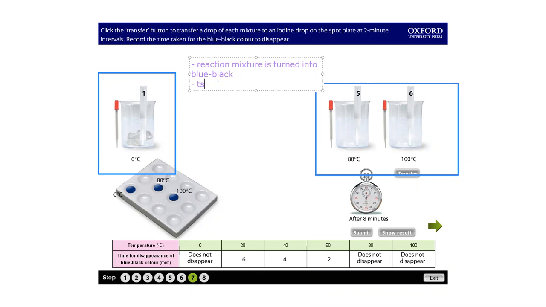Starch is still present in the solution. So we can deduce that enzyme reaction rate is very low. Okay.